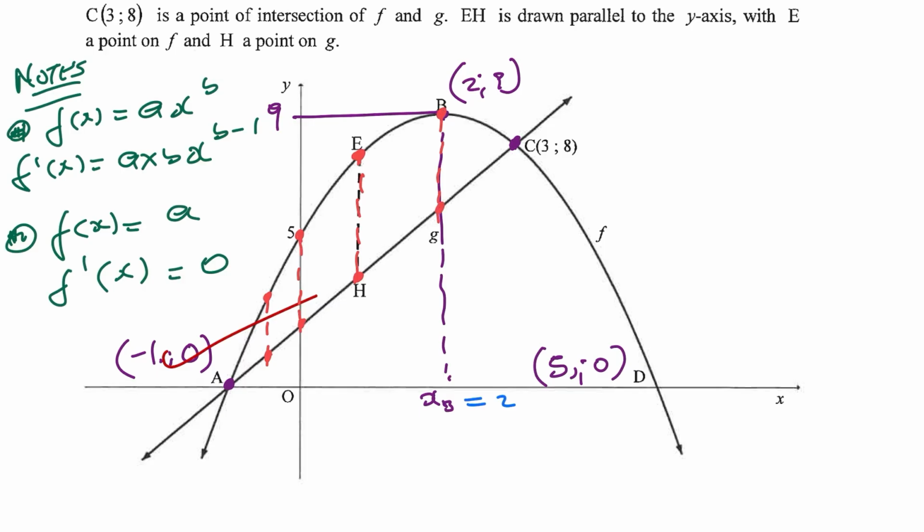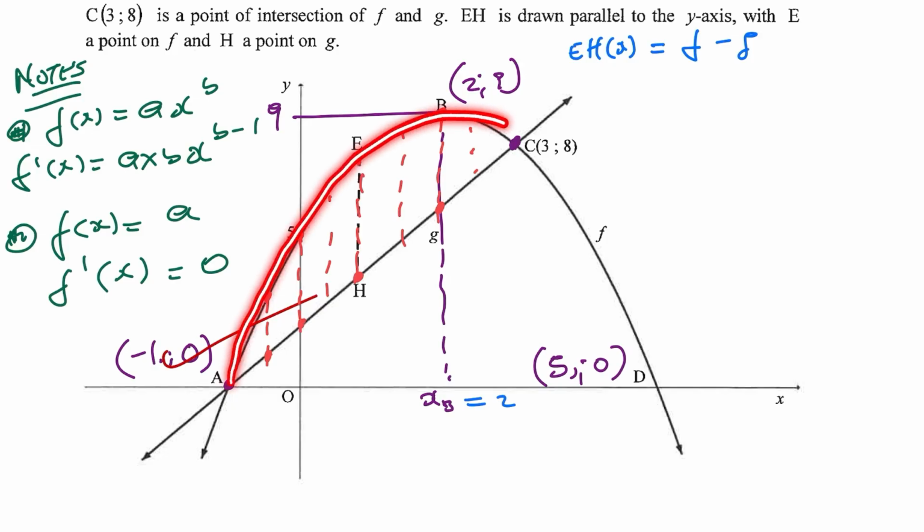We are able to find these distances between these two equations, right? Let's call it this new equation, EH of x. EH is equal to F minus G. EH is equal to the difference of this value minus that value.